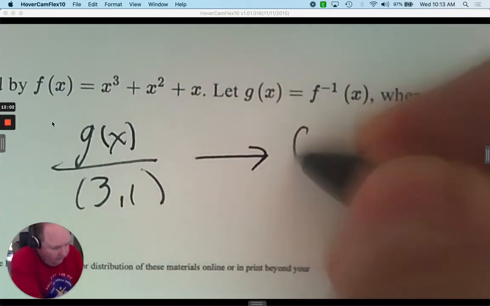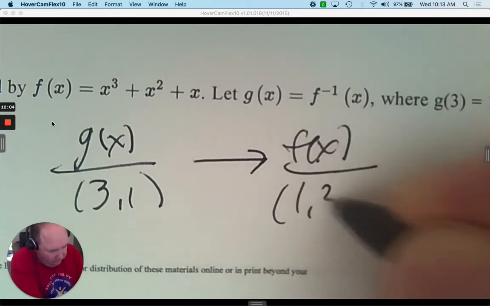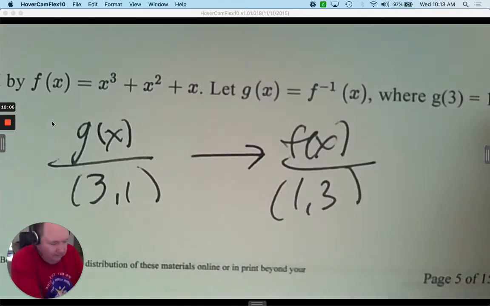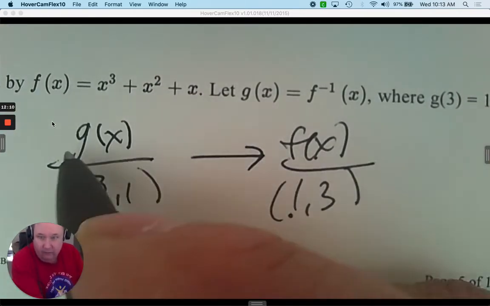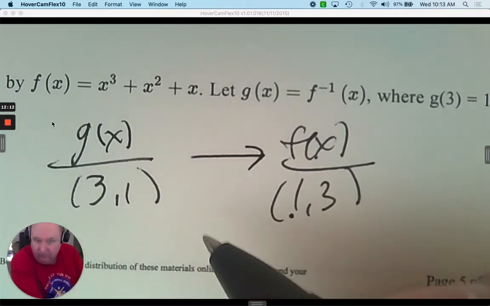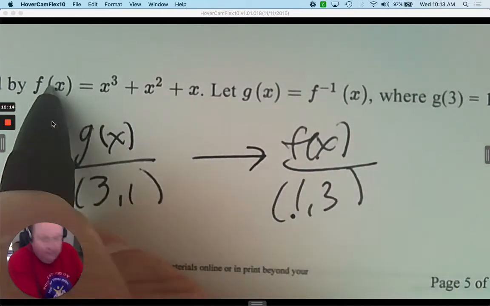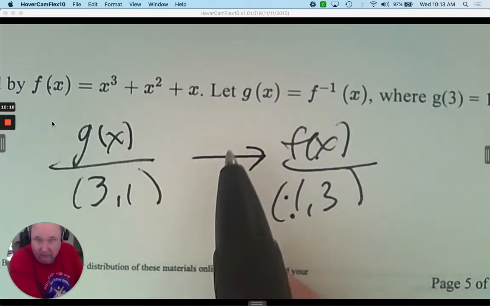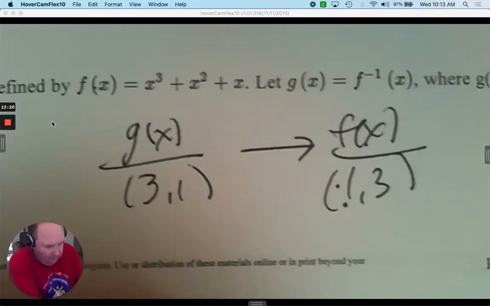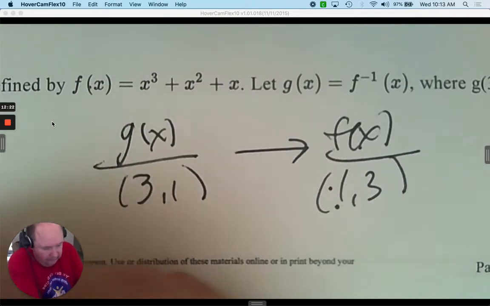So if they're inverses, for f of x the point would be (1, 3). The derivative at 1 and the derivative at 3 are reciprocals. So I'm going to take the derivative and plug in 1, and then whatever the answer is, I do the reciprocal.